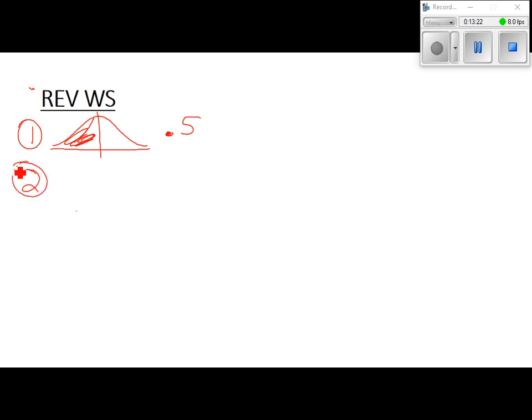Number two, draw two normal curves that have the same mean and different standard deviations. Describe the similarities and the differences. So if we're going to draw this, got my two curves. We want the same mean.